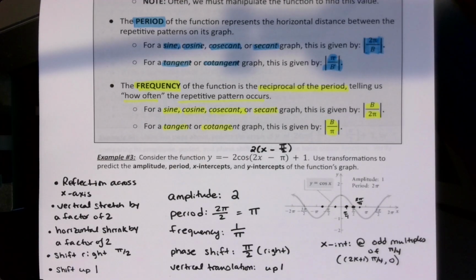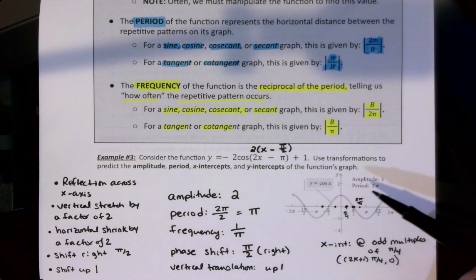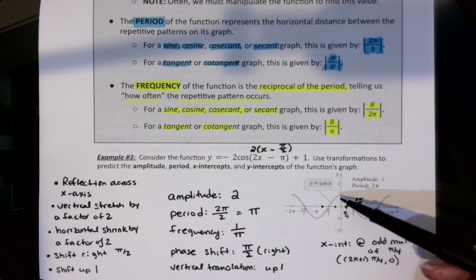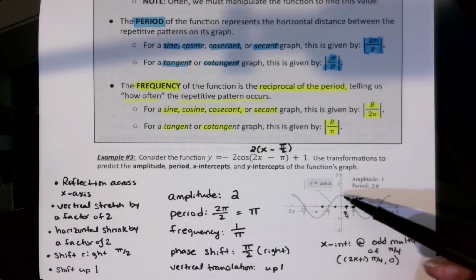All right, the y-intercept, that used to be at 0, 1. We had to shrink everything by a horizontal factor of 2, which would have left it where it was because the x-coordinate is 0. Divided by 2 is still 0.